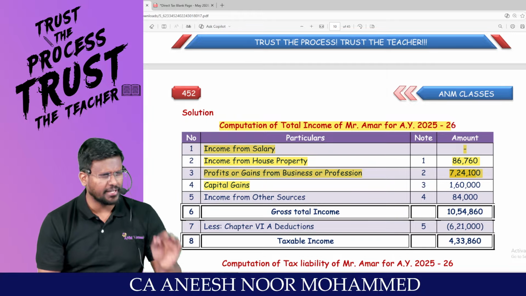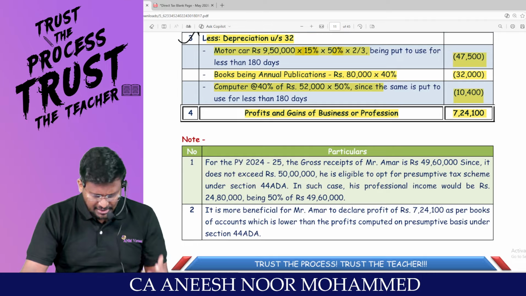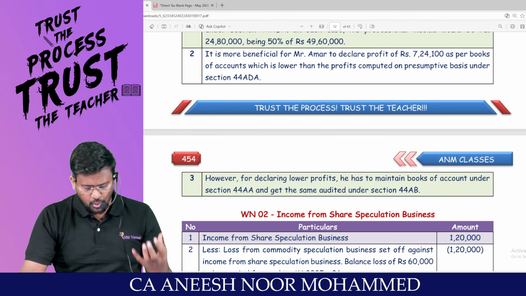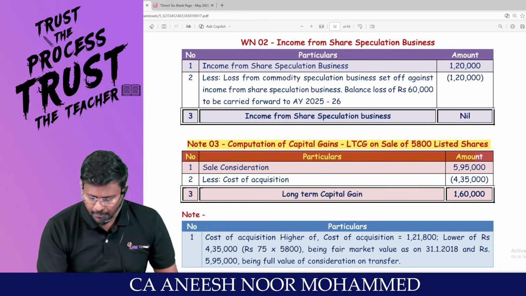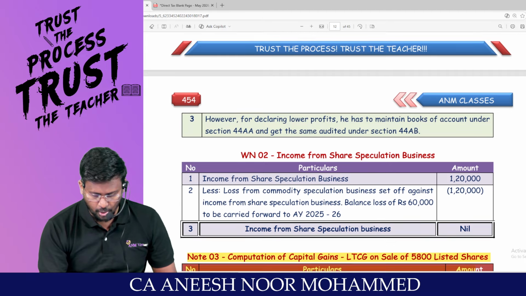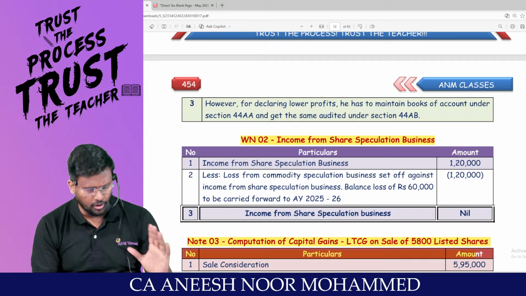Coming to one more additional head, capital gains. First of all, what is the capital asset that you finalize? My dear lovable students, the capital assets are listed equity shares. Before that, only profession we have done. One more, from share speculation business, is there. That loss we will set off.